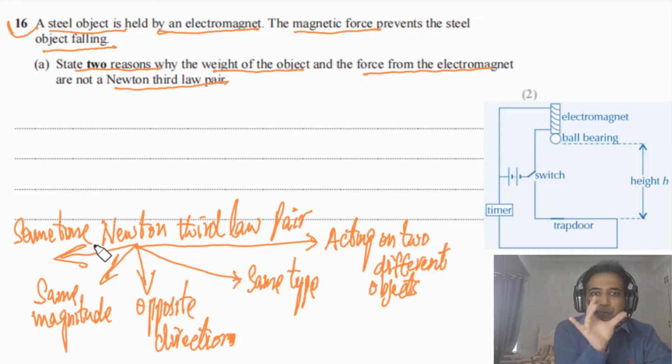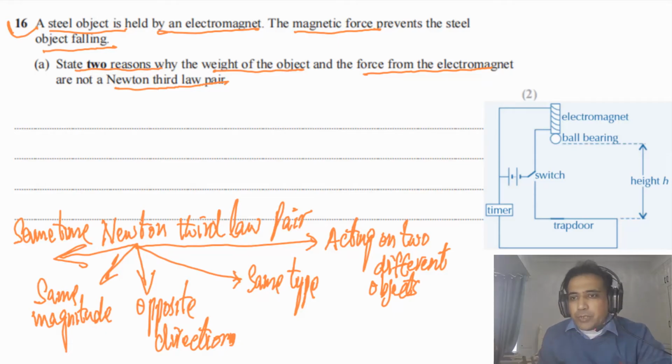They should have these characteristics, or we can say these are conditions for 2 forces to form a Newton's third law pair. Now if you look at the given forces, in this case we have 2 forces. It is given to us that this steel ball bearing is not falling, so we have 2 forces acting on it.